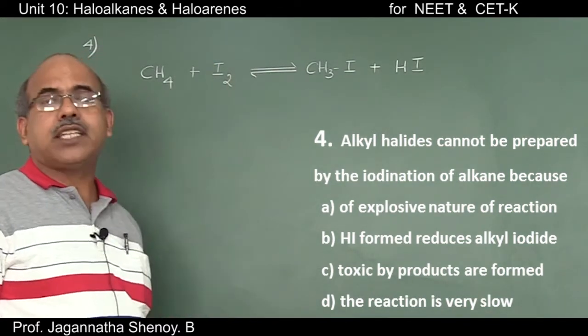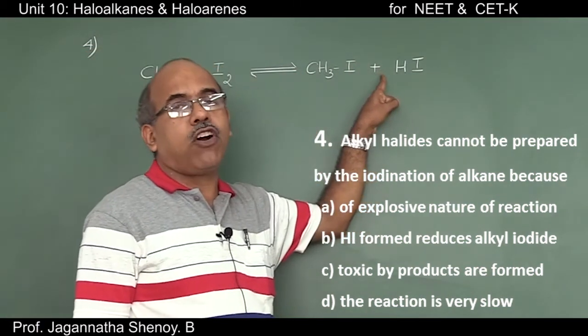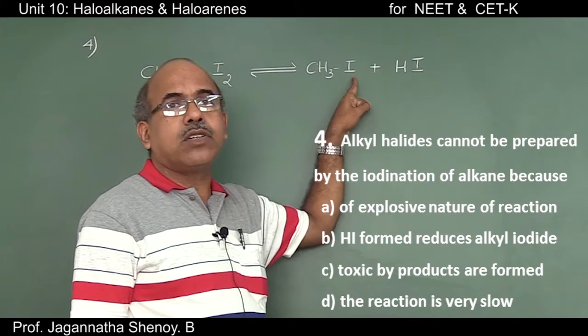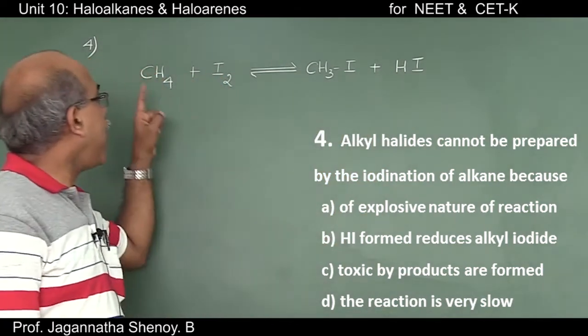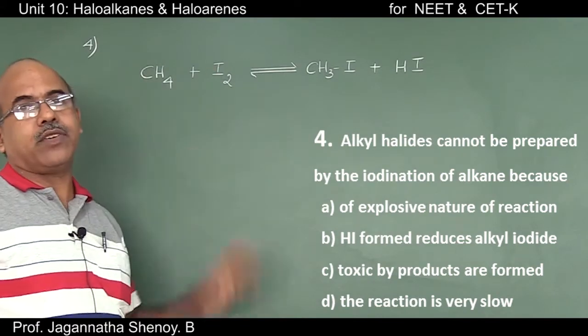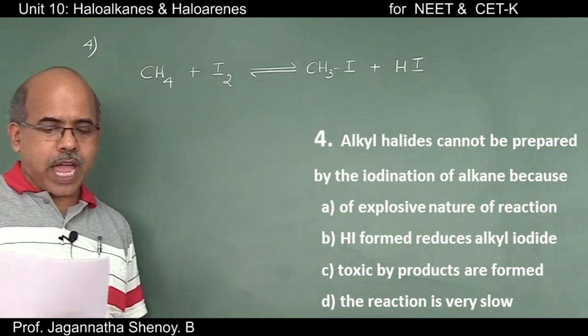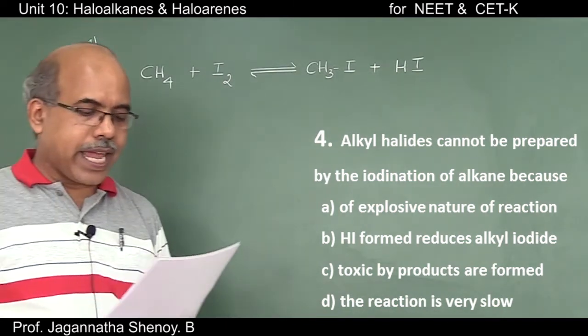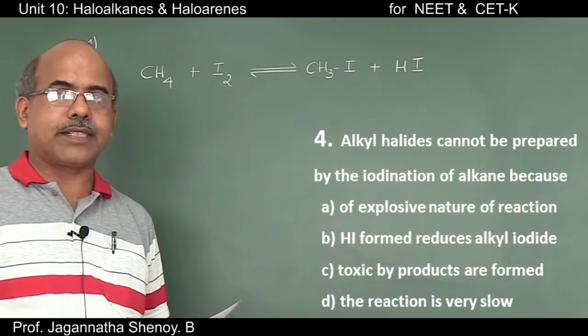Whatever methyl iodide is formed, that will undergo reduction in the presence of HI to give back methane and iodine. So it is because of this reason, iodination of alkane cannot be used to prepare alkyl iodide.